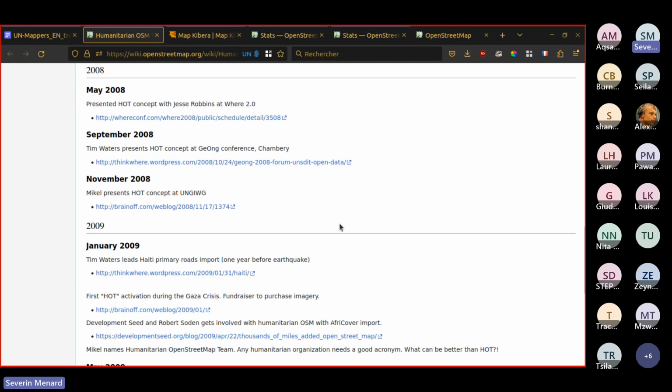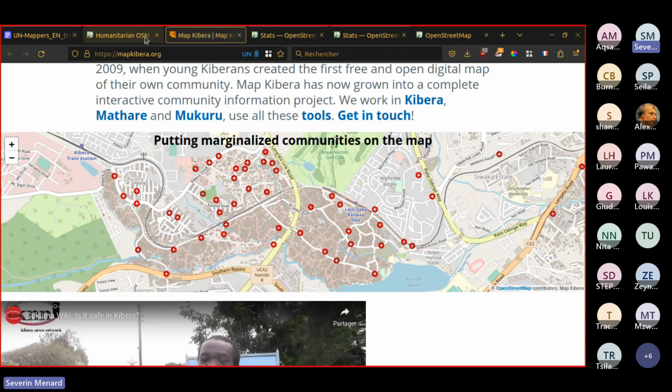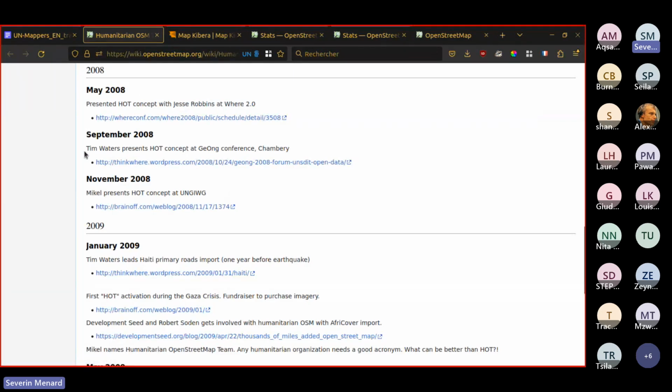So basically, it was the meeting of a few people. Some people with an IT side, some people mixing the IT side with a community mapping aspect. The one from Map Kibera, that's Mikel Maron. The other one was more tech people, and there was also Nicolas Chavent, who was working for WFP at that time, and that's when he met the people already involved in OpenStreetMap.